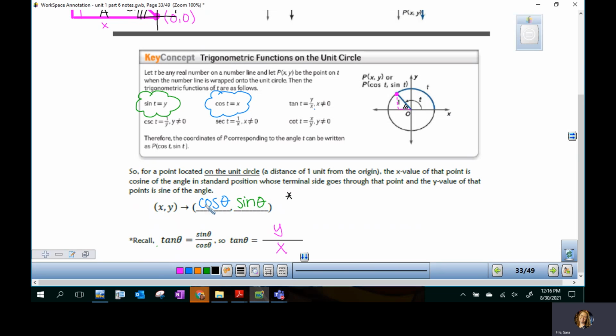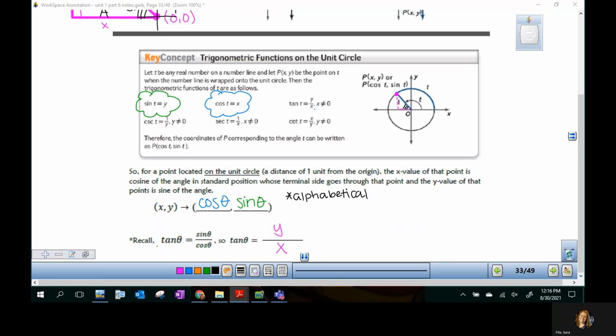So people want to write sine first here in the ordered pair. So just to help you remember that cosine comes first, remember that it's alphabetical. Just like x comes before y, c comes before s. Y'all all right with that?